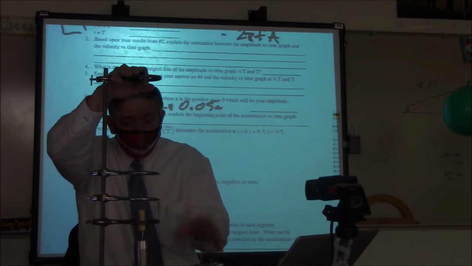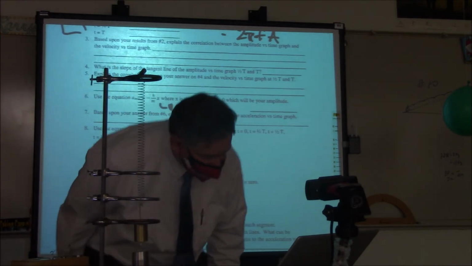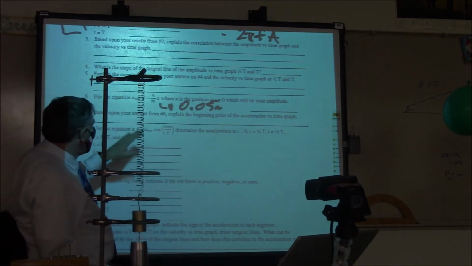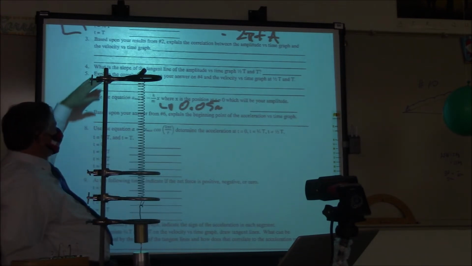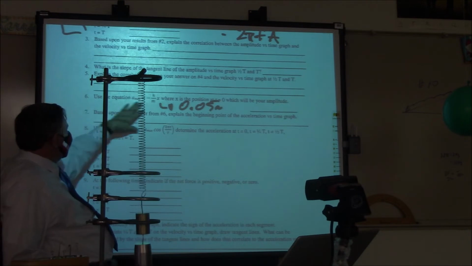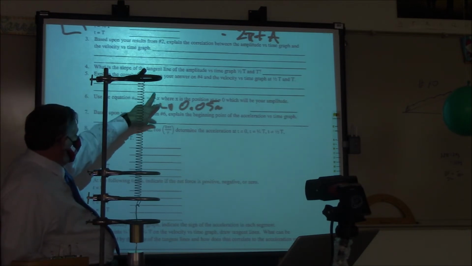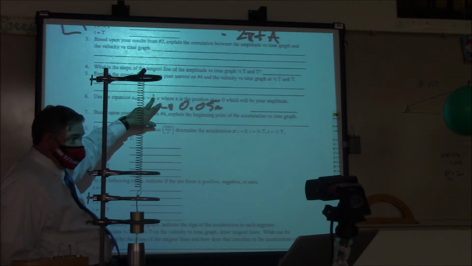So this is where you want to be able to look at an equation and play the what-if game. Here's the deal. A equals negative K M, so you're going to have your slope, and that's what's going to be different for everybody.